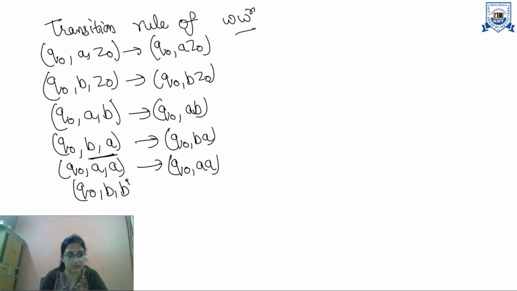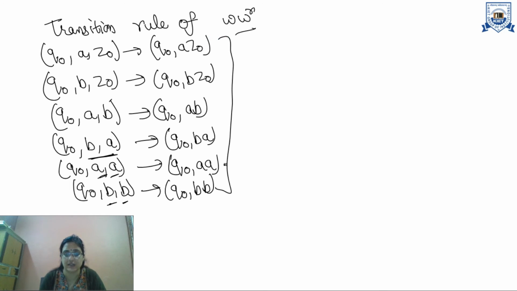And it may be possible that input symbol is A, top of the stack is A, input symbol is B, top of the stack is B. So I'm just going to perform the push operation. Fine. These all are the operations that are using the push operation.